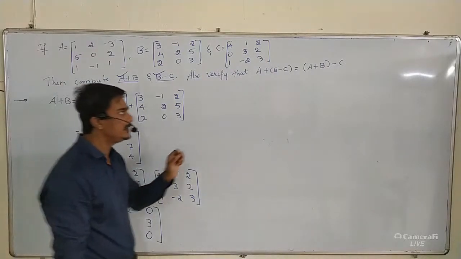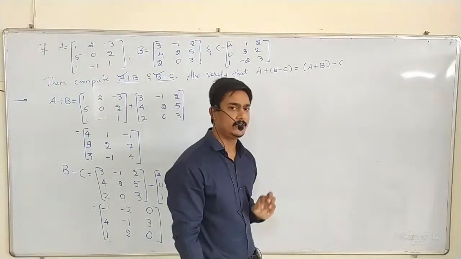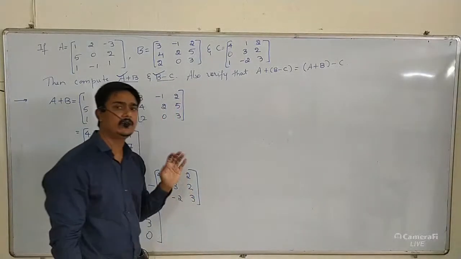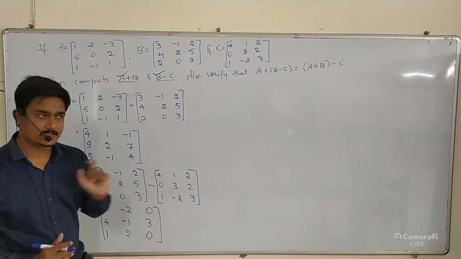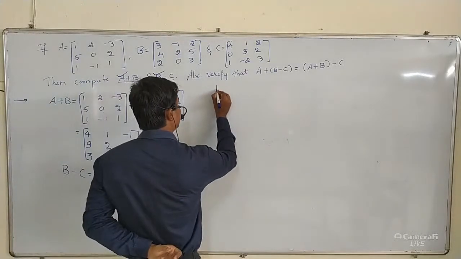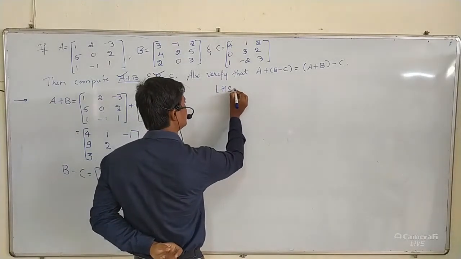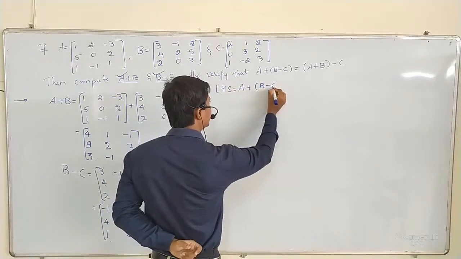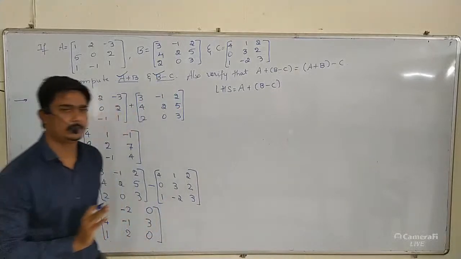Now we need to verify this particular result. Verifying any result means we need to show that LHS is equal to RHS. So I will take the left hand side, A plus (B minus C).